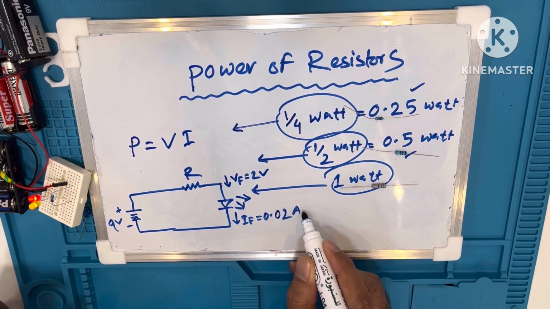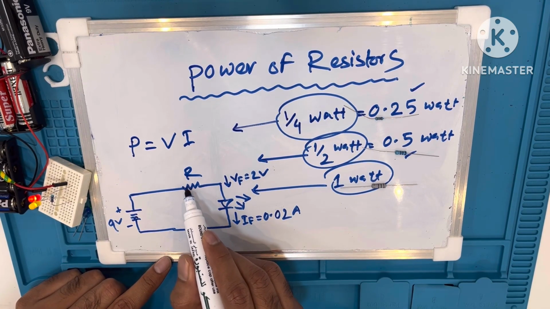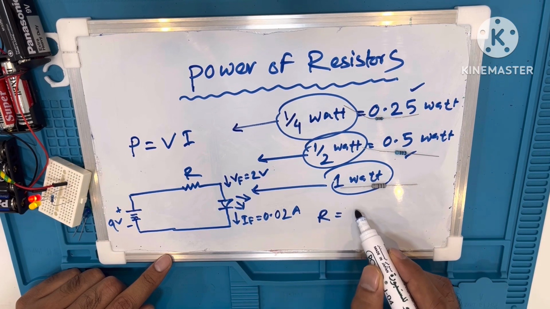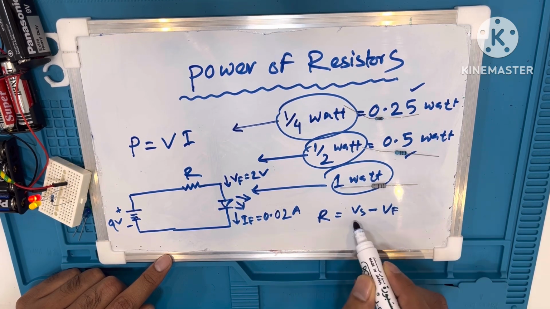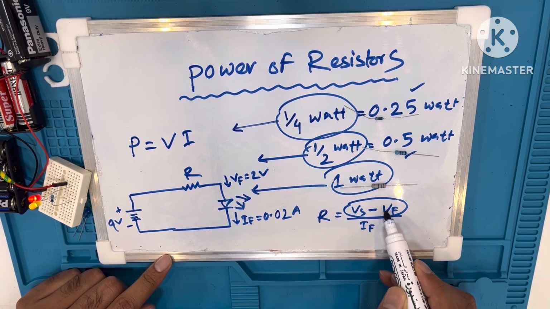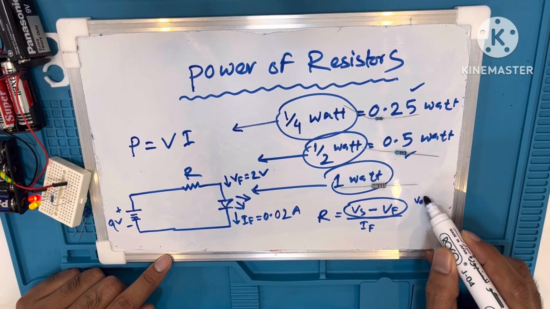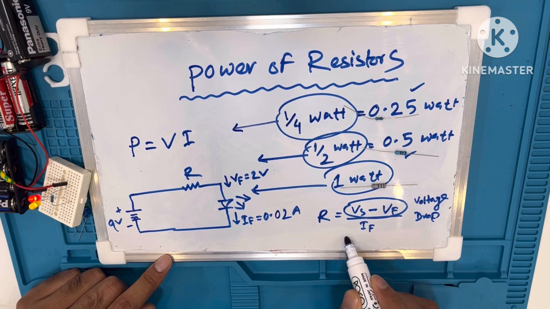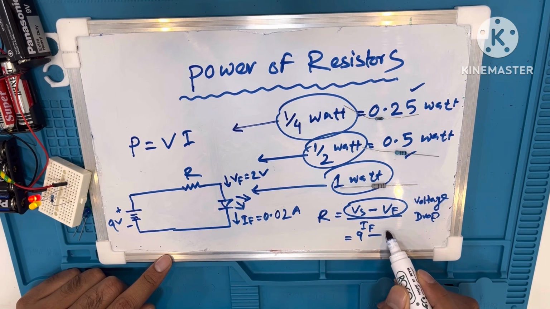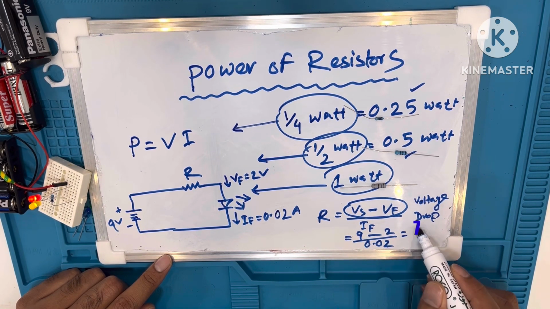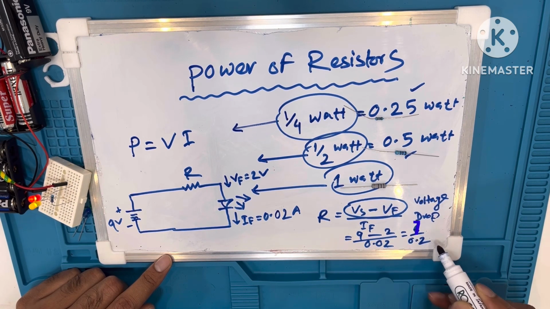From before we have learned how we can calculate the value of the resistor. The equation was R equals source voltage minus forward voltage divided by forward current. Here this is called the voltage drop, the difference between source voltage and the forward voltage. If we put the values of source voltage and forward voltage in the equation, we get the drop voltage divided by forward current.